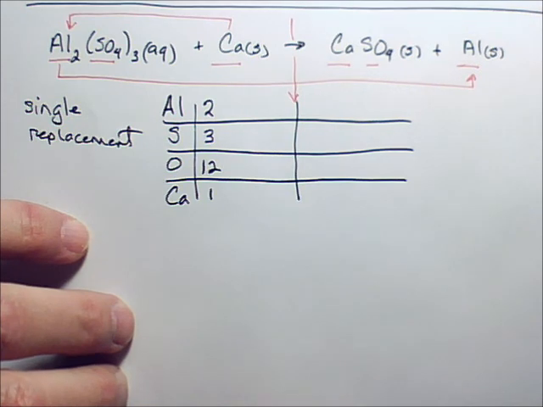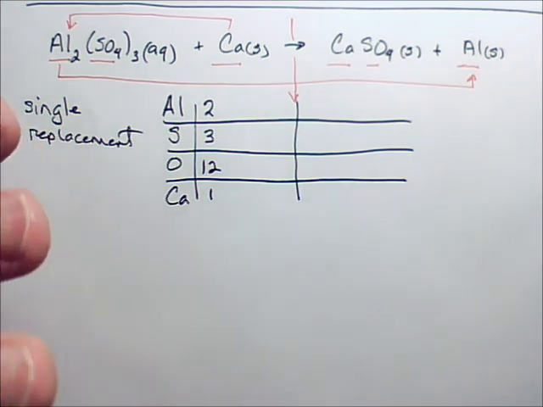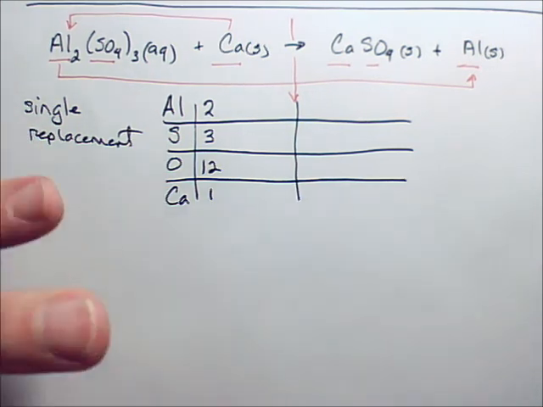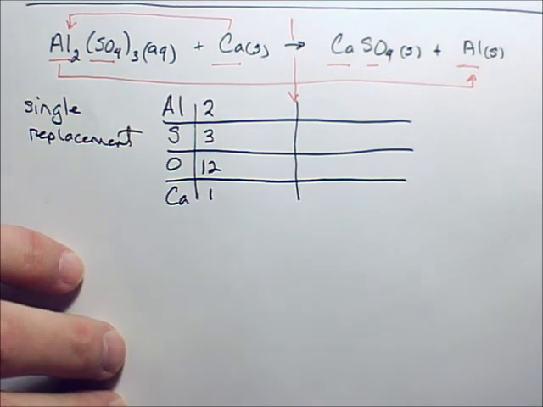Okay, so what are we going to balance last? Oxygen. What are we going to balance next to last? Well, hydrogens if we had them. We don't have any hydrogens here. But you do have to save oxygen for last. Always, when you're balancing equations, balance the oxygen last.